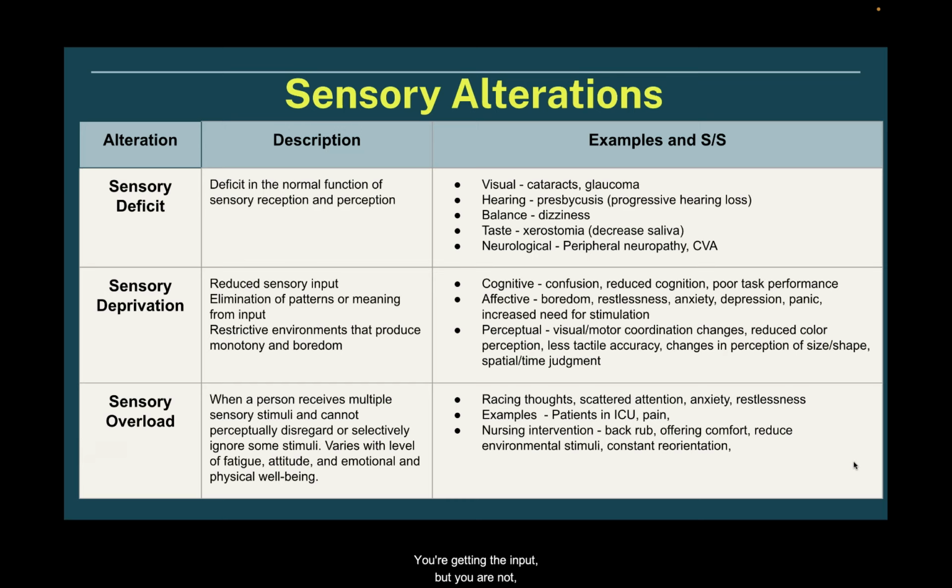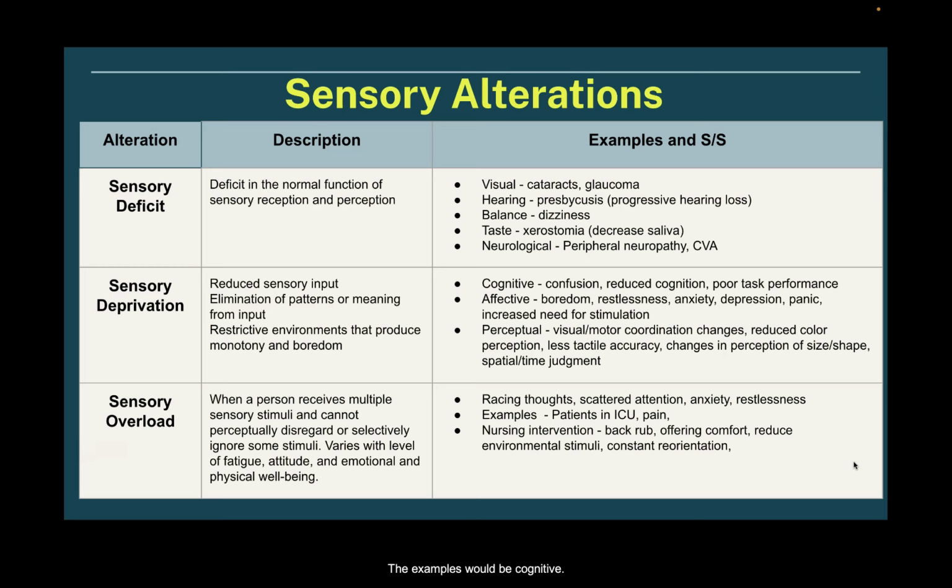Sensory deprivation is reduced sensory input or elimination of patterns or meaning from the input. So you're getting the input, but you are not making it meaningful, right? For example, you have restrictive environments that produce monotony and boredom. This is where sensory deprivation can happen.